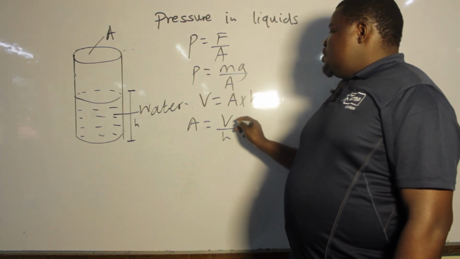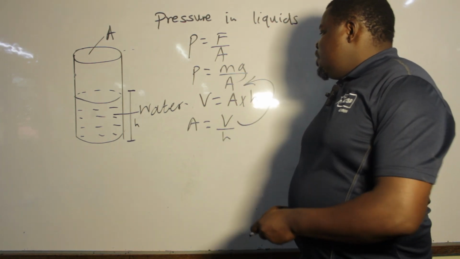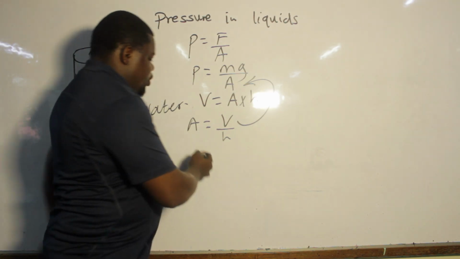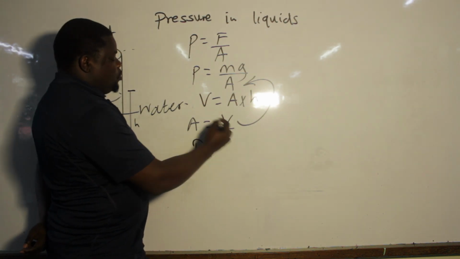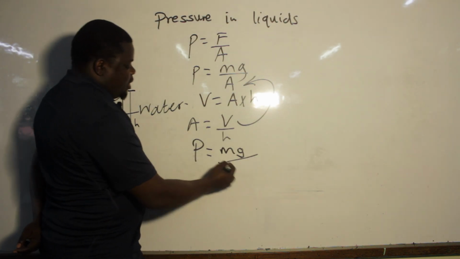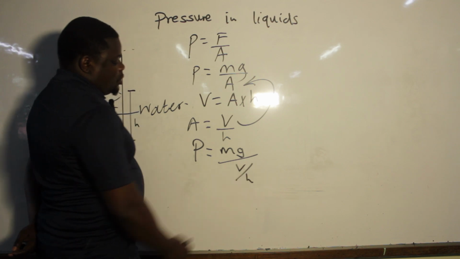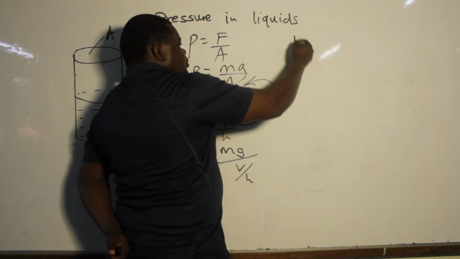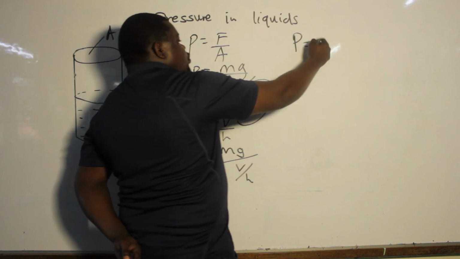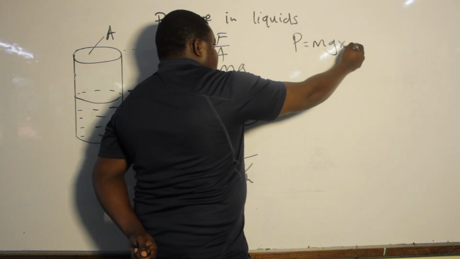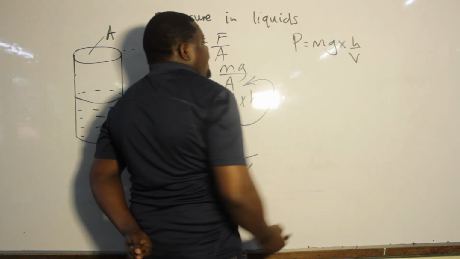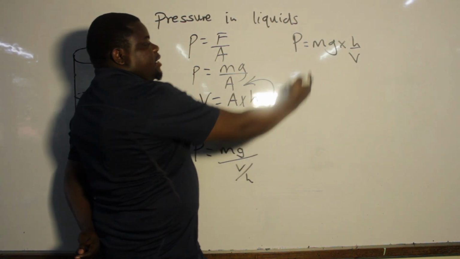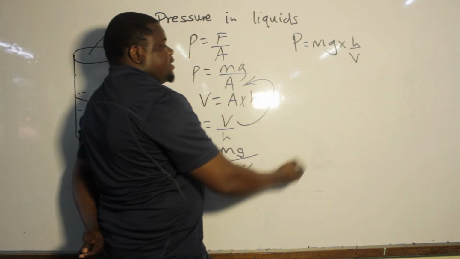So if we substitute this here, then we're going to have pressure P equals mg divided by V over h. Working that out, we shall have P equals mg multiplied by h over V. And we know that mass over volume is the same as density.